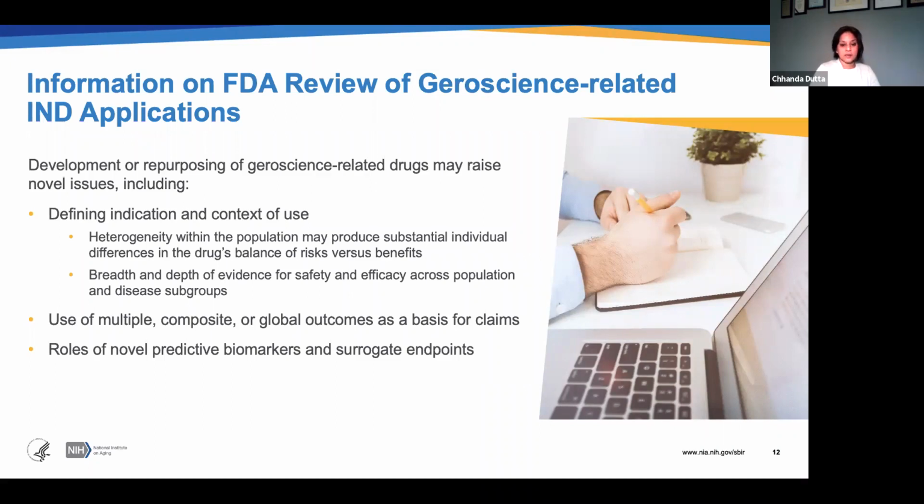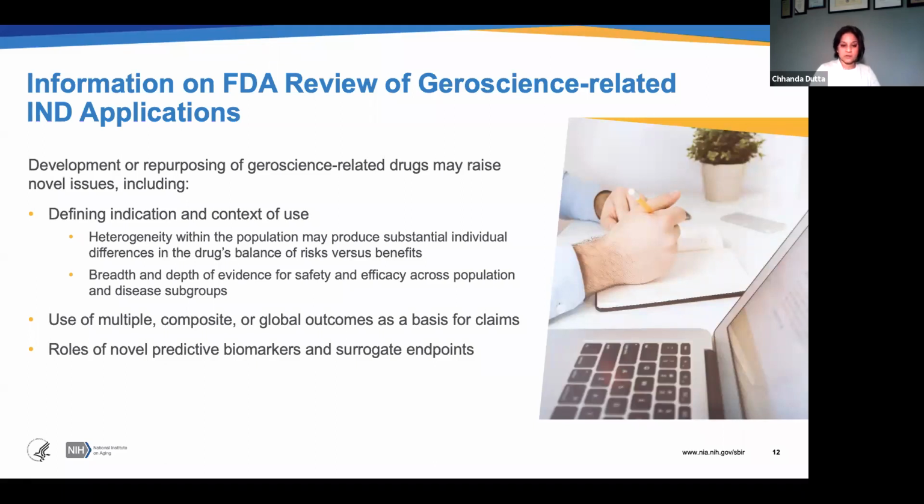And so the NIA, if you've gone to the landing page for the RFA, we have a thought piece there on some suggestions and things that the NIA has been thinking about that's important in geroscience-related translation and submission of IND applications.